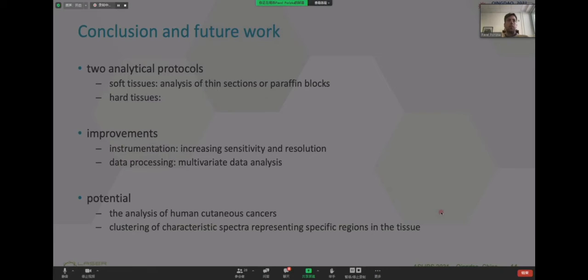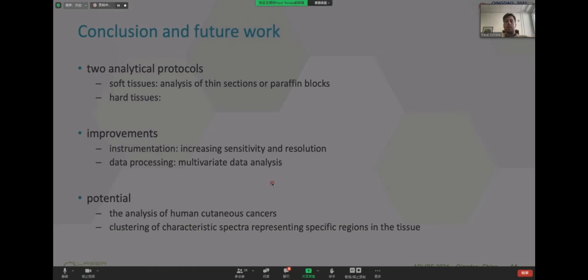And you can see that those protocols, the optimization of soft and hard tissues is different. So we always need to provide some optimization. We need to really just alter all possible parameters to be able to give the best possible analytical performance of the system in terms of lateral resolution and also in terms of sensitivity, which is quite crucial for some elements and some applications.